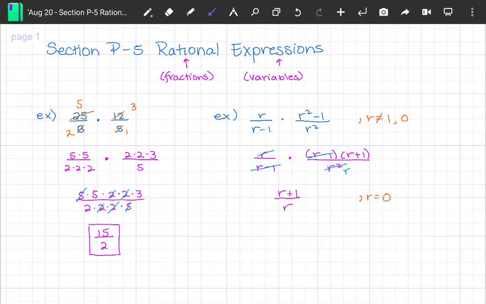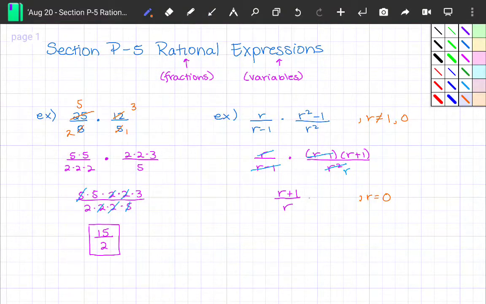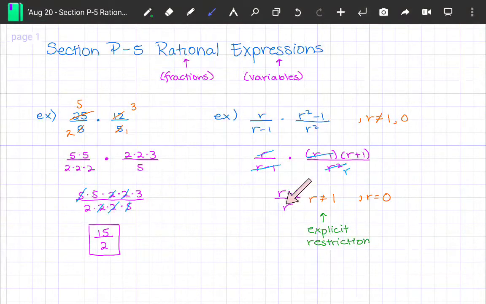So I have to explicitly say that r can't equal 1. This is called an explicit restriction. I'm not going to test you on whether you know the term explicit restriction, but it just basically means it's a value that the variable can't equal that's not obvious by looking at this.